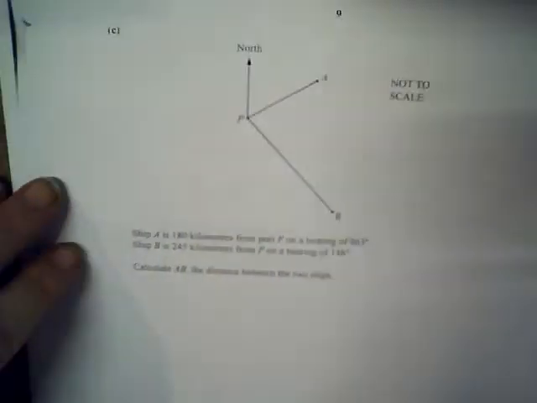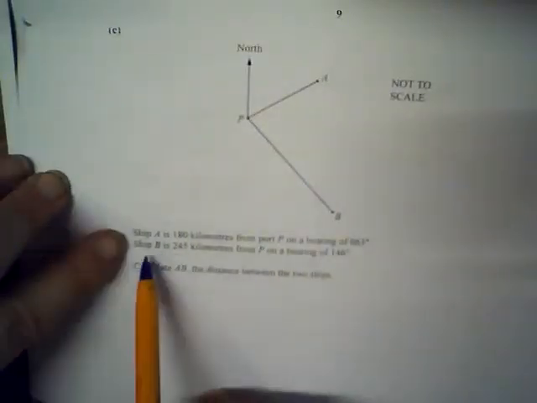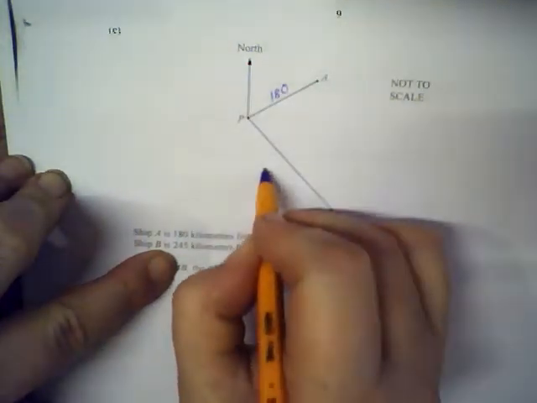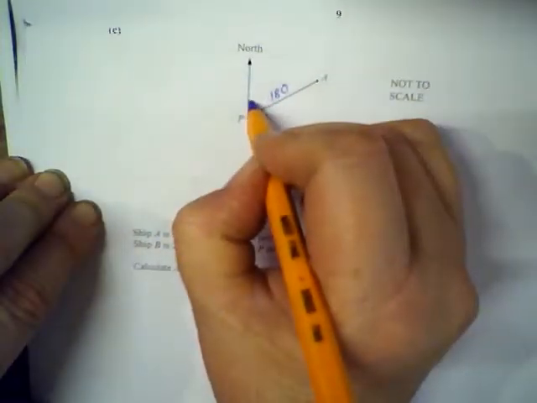Question 5C. Here I have a bearing question. Ship A is 180 kilometers from the port. So I'm just going to fill in those values. Ship B is 245 kilometers with a bearing of that. So that is 63 degrees.